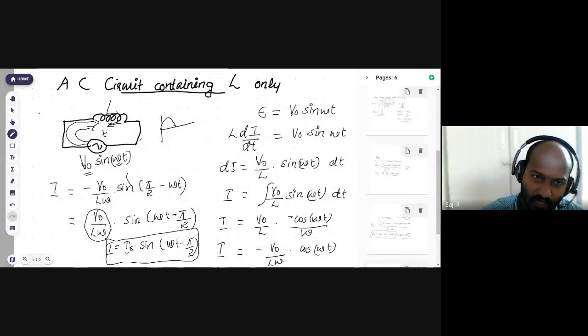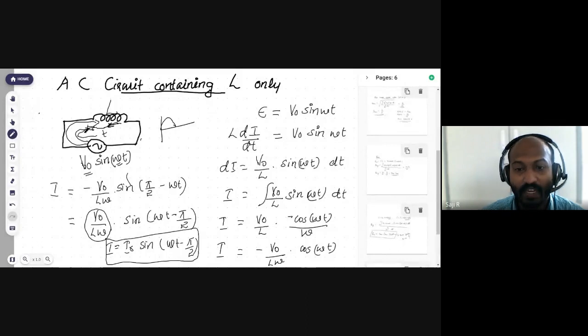After some time, the applied voltage decreases, and at that time the back EMF will be more, so that will produce some current through the circuit. In that way, we can understand that there will be a lagging between voltage and current. That is what happens in an AC circuit containing an inductor only.